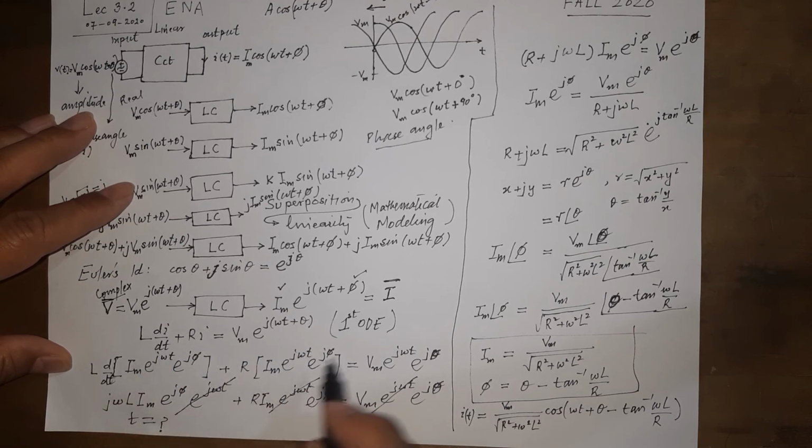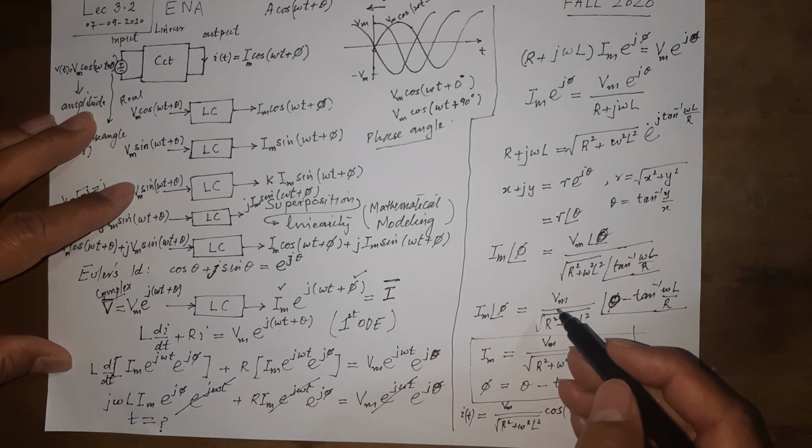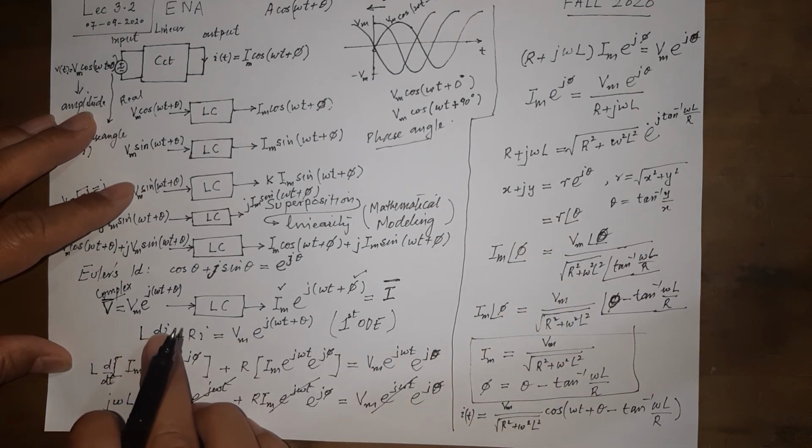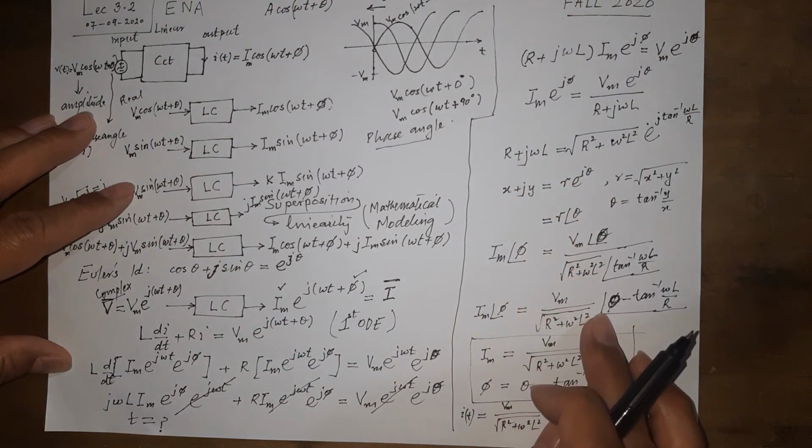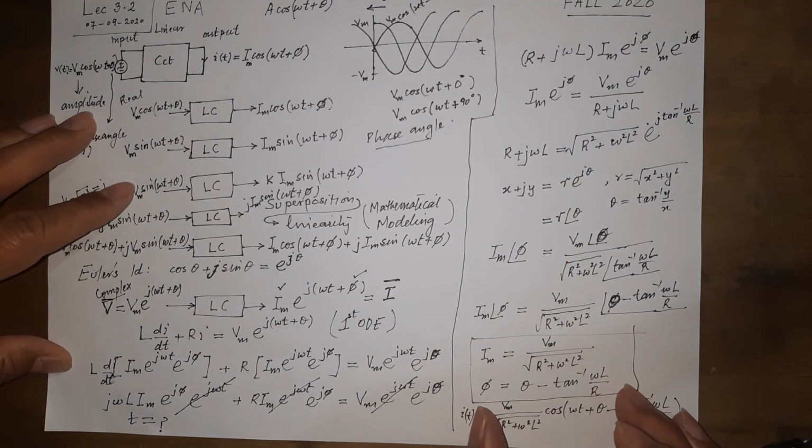So the complex numbers have helped us solve this like an algebraic equation. So having the solution as a complex number helped us solve the differential equation like we do in algebra, and the result was very easy.